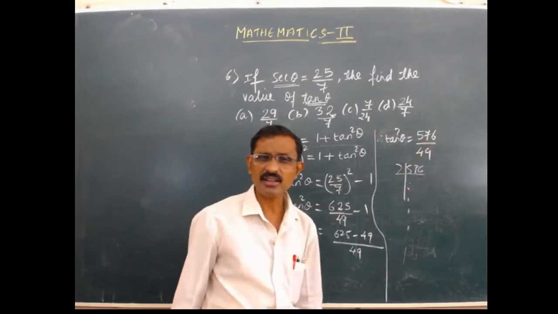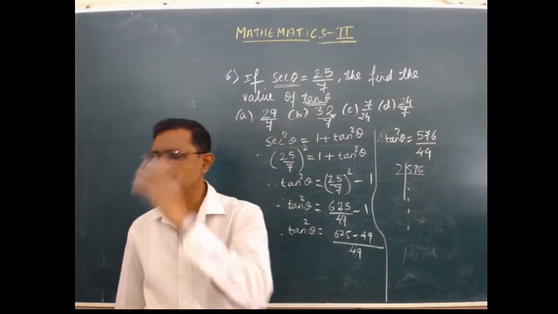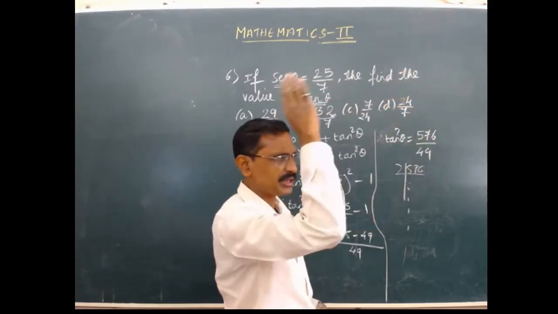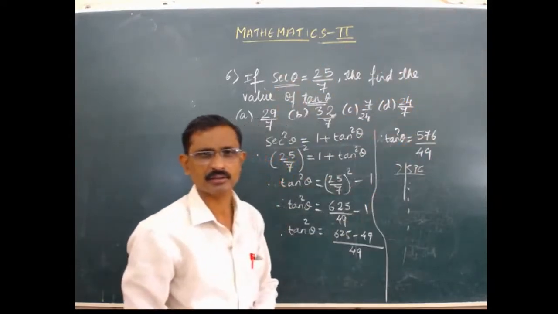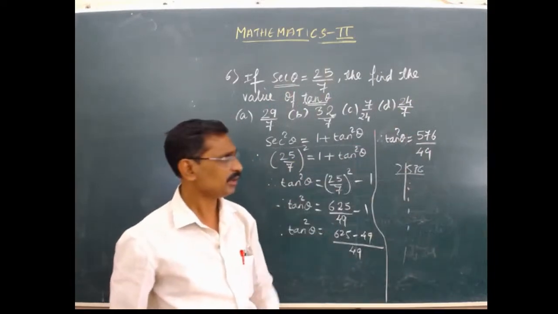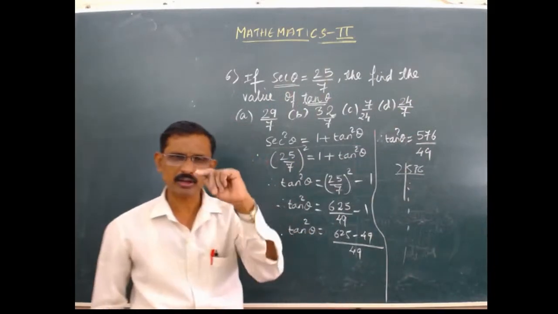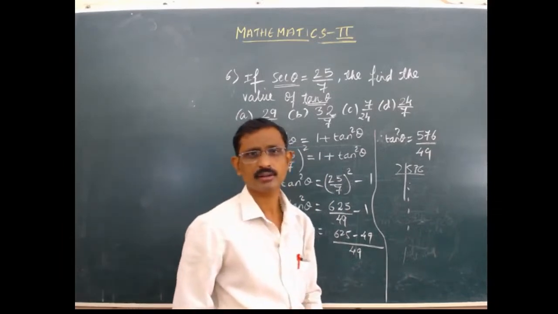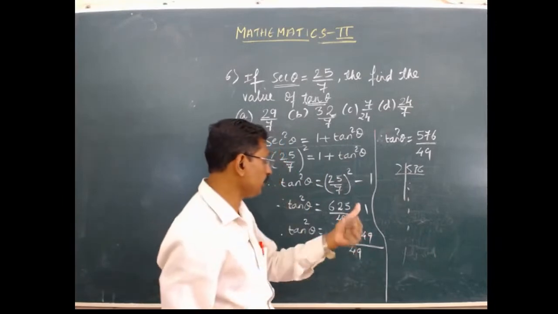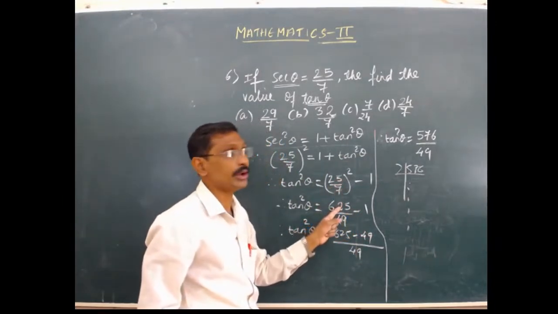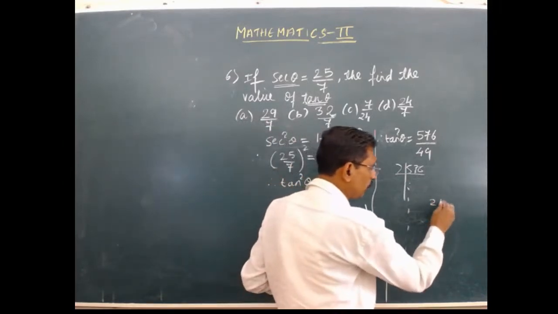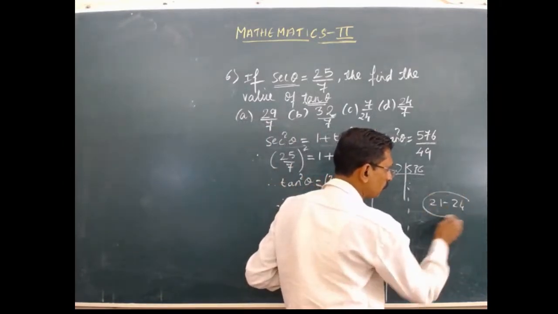It is 576, and for 576, what is the closest number? See, 10 tens give me 100, that means 20 into 20 will give me how much? Check that. 20 into 20 will give me 400. And 25 into 25 gives me 625. That means between 21 to 24.